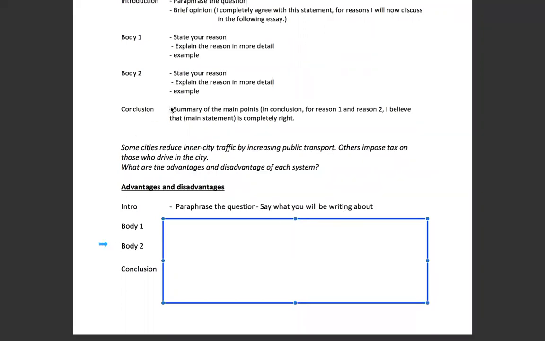What do you think we should include in body 1? What should we add into body 1? How would you divide up this advantages and disadvantages essay?